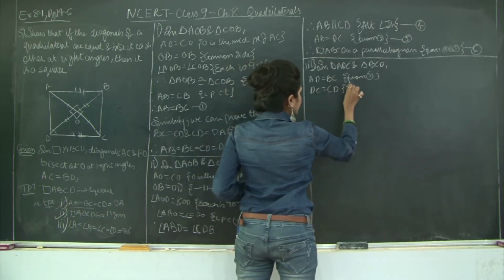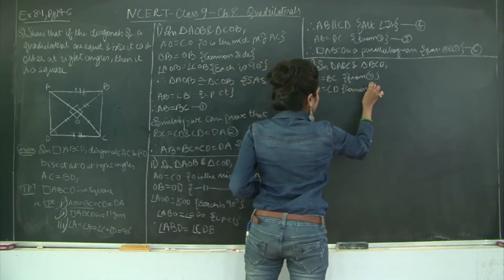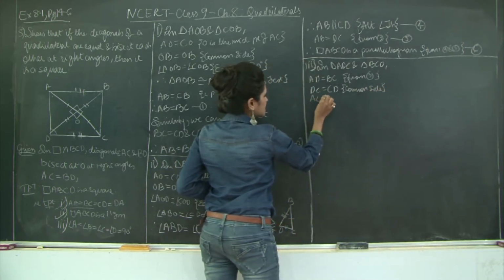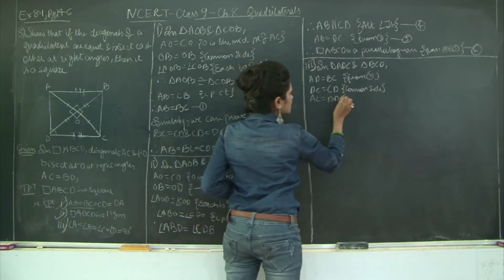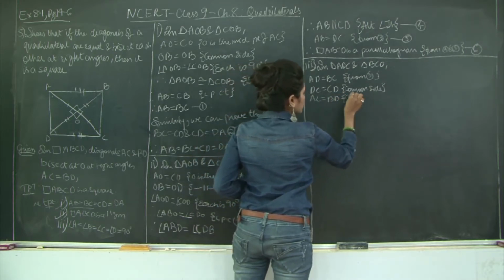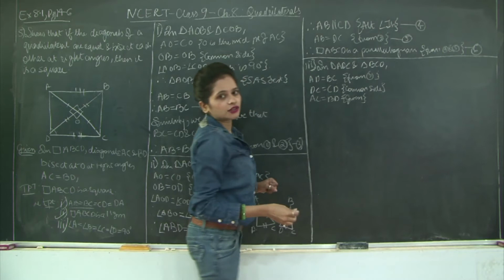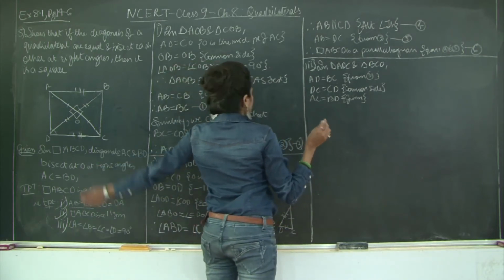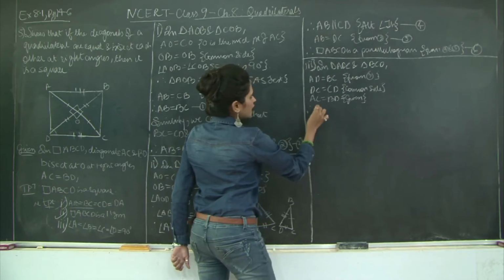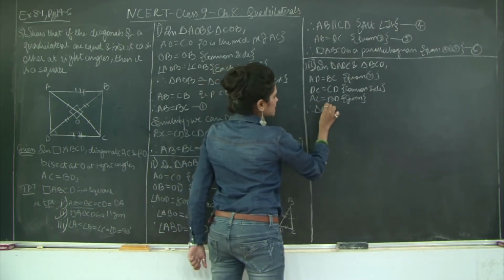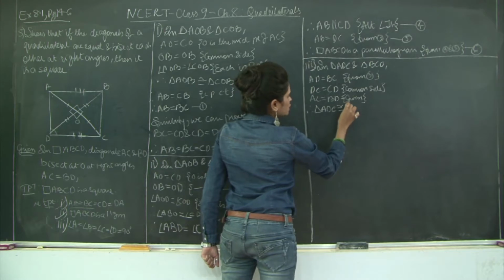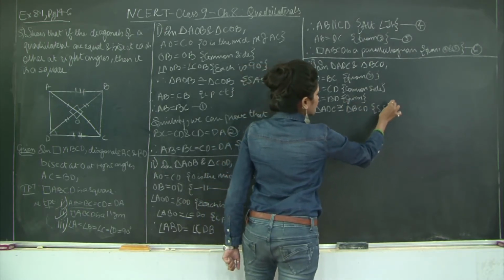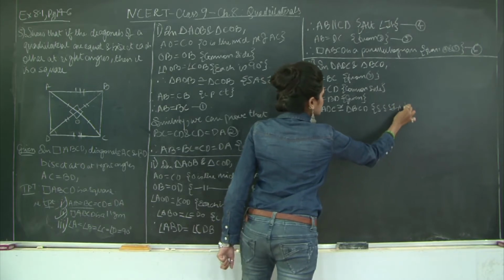Because it's the common side, and I have AC is equal to BD, which is given, that the two diagonals are equal to each other. We have this over here in the given, AC is equal to BD. Therefore, I am going to say triangle ADC is congruent to triangle BCD. By which test? Side test of congruence.